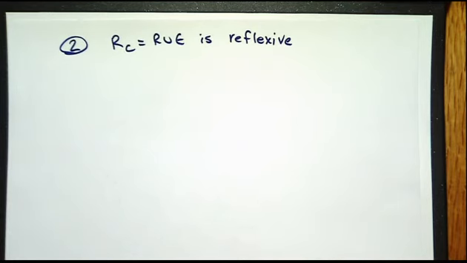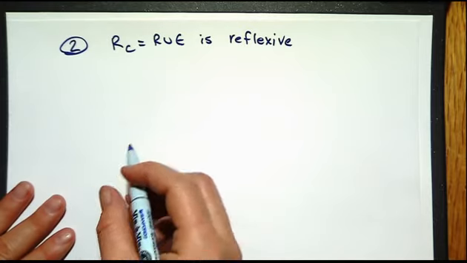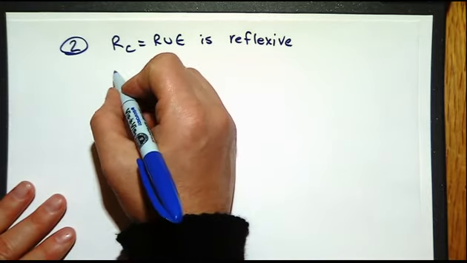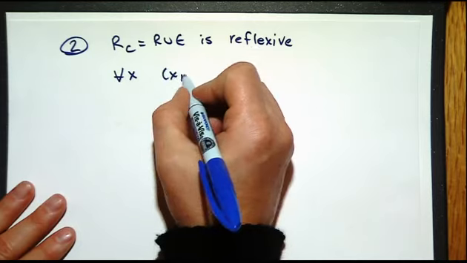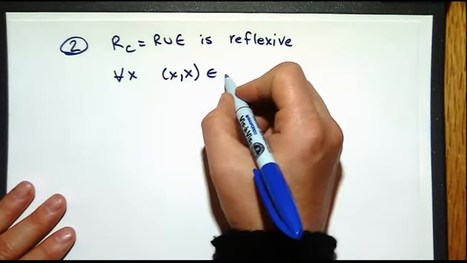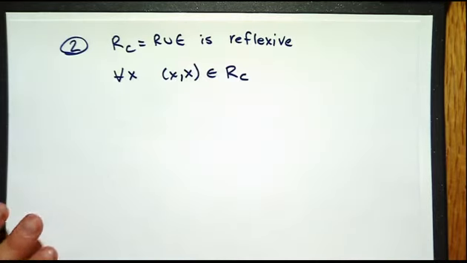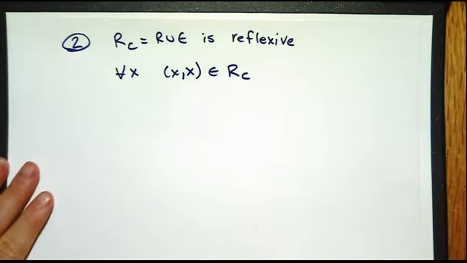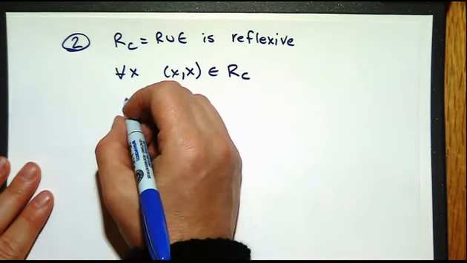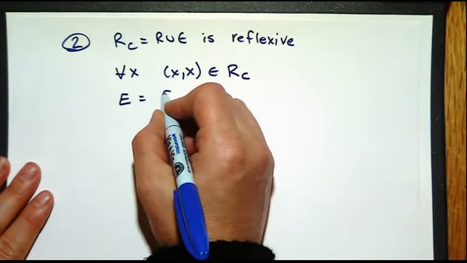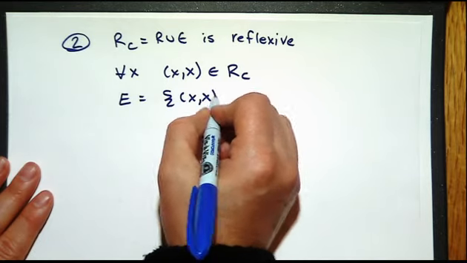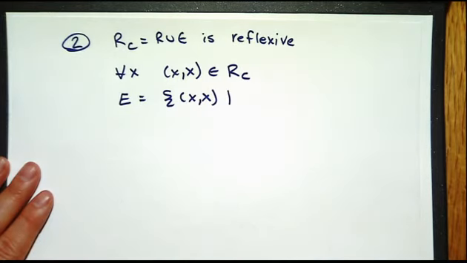So, what's the definition of reflexive? Reflexive is: for all x, xx is in the set. So this is what I have to prove. But E, remember, was precisely all of these pairs.